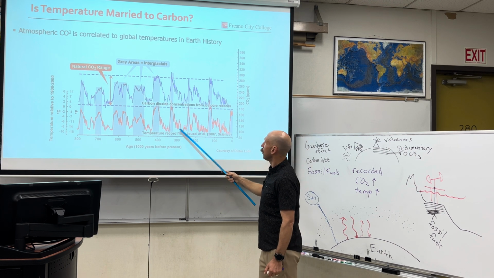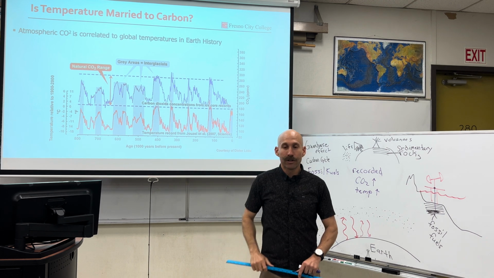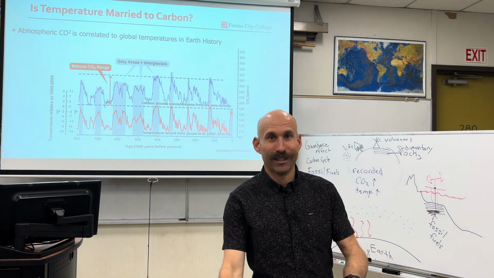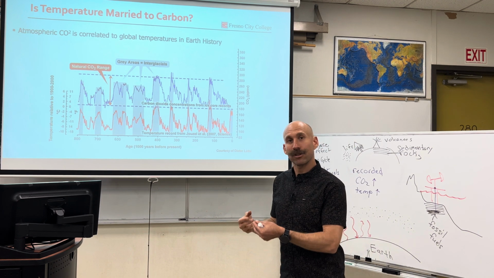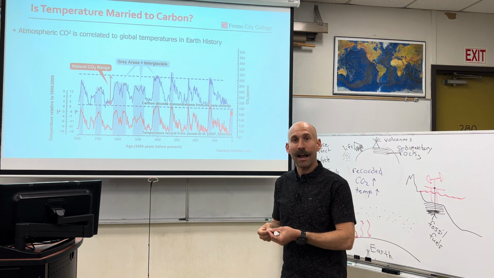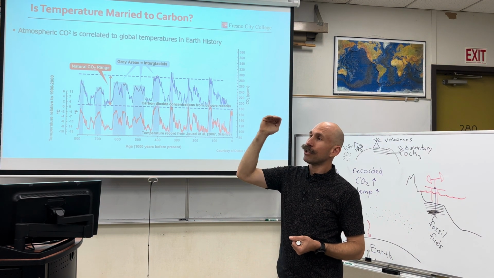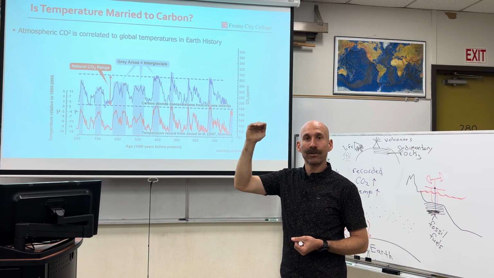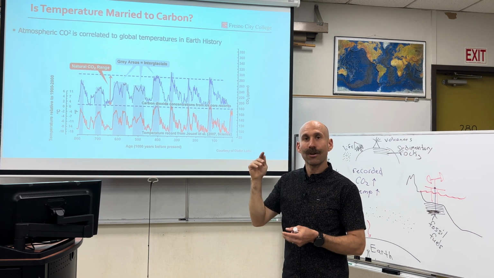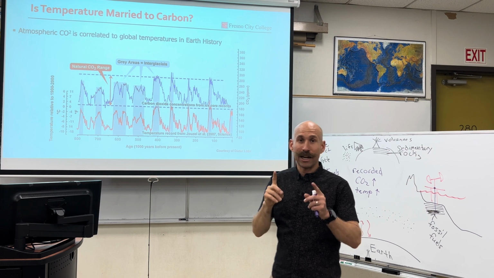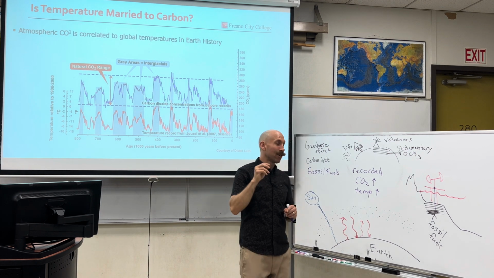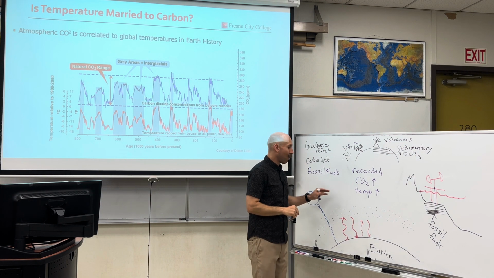Decreased CO2, decreased temp. So yes, what the evidence shows is that during periods of increased atmospheric CO2 levels, we have increased global temperatures, which has a variety of impacts to ecosystems on Earth.